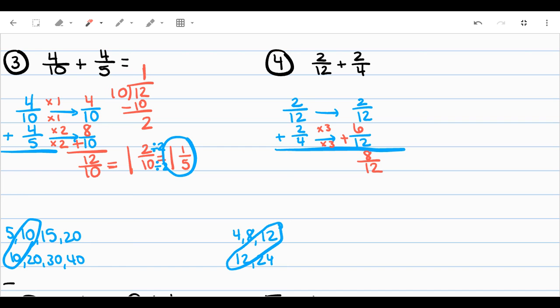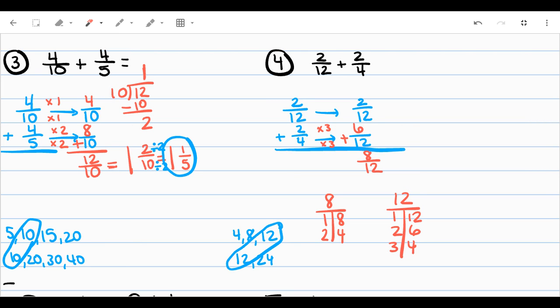Now 8 and 12 are both even numbers. But I also know that my factors of 8 are 1 and 8, 2 and 4. And my factors of 12 are 1 and 12, 2 and 6, and 3 and 4.